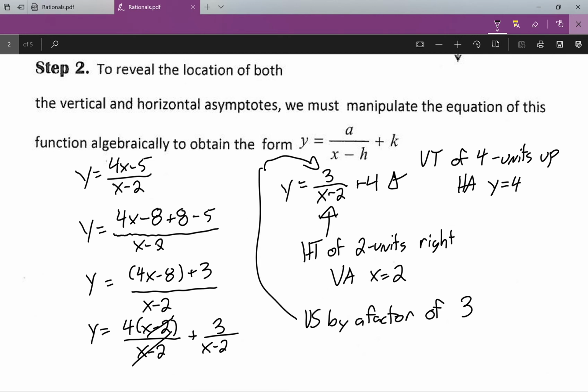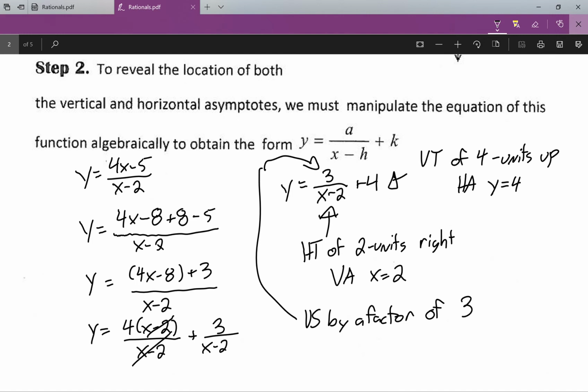At this point in time, it's going to be kind of hard to really show that on the graph because we don't really have many points that we can transform on our rational function. So what I'm going to do is what I call the crosshairs method, and we're going to start by writing the horizontal and the vertical asymptotes on the graph. We already have the x and y intercepts, and as it stands, that's actually going to be enough information to get a good picture of this graph.